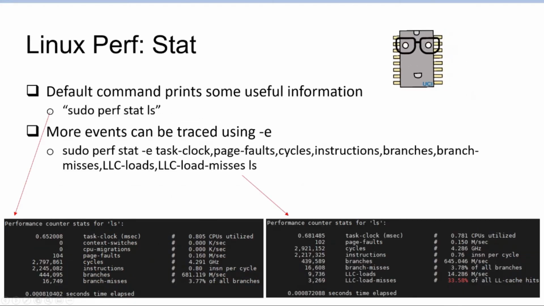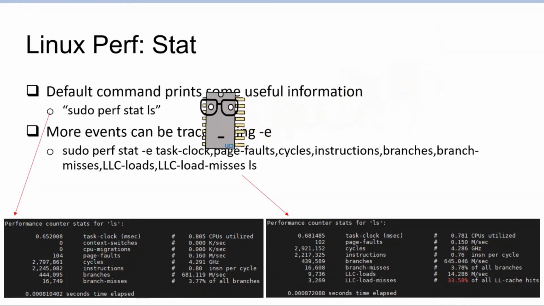The simplest way of using perf when you're running a short snippet or a short program would be to use the perf function called stat. If I want to know the performance details of the ls command, for example, I can run sudo perf stat ls. This is the default command, which prints some useful information.